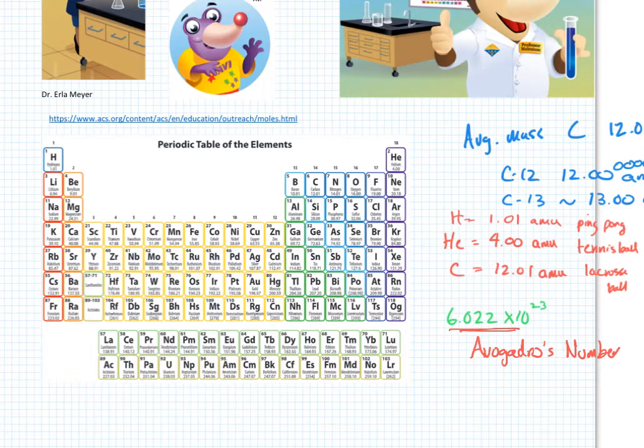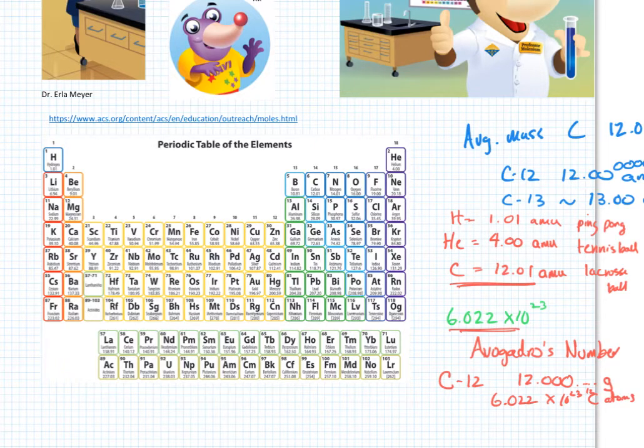Aha, well, it turns out that if we were to measure the same mass of carbon-12, so we're going to go back to carbon-12 as our standard, if we were to measure 12.000 grams of carbon-12, it just so happens to have 6.022 times 10 to the 23 carbon-12 atoms.